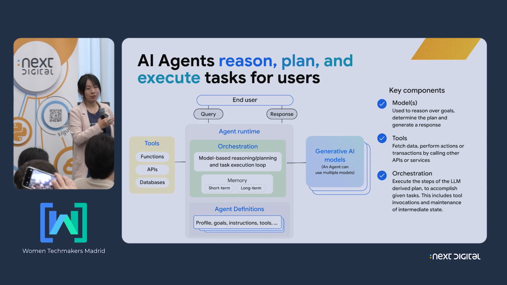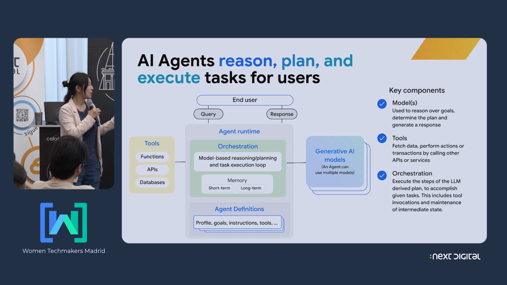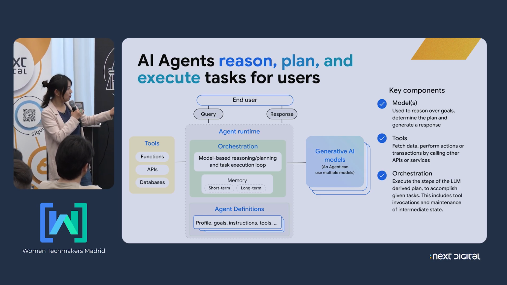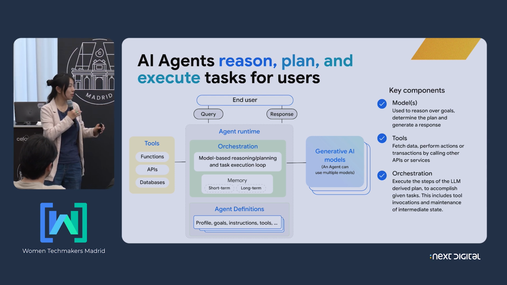So again, if we look at this architecture from a different angle, on either side of the diagram, let's start from the one that we are most familiar with, generative AI models.